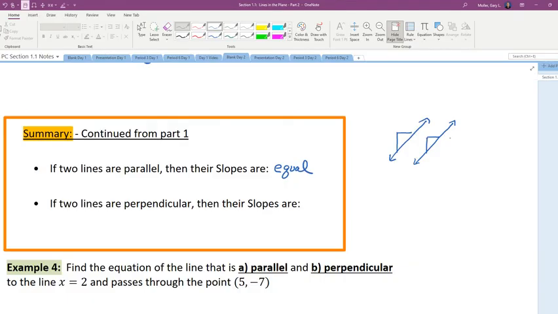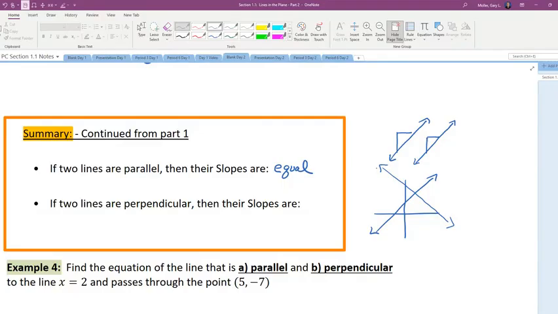If 2 lines are perpendicular, then their slopes are. Now, if we sketched one, so here's a line, that's a positive line. Anything perpendicular to it would have to be a negative line. And so I think it's safe to say that their slopes have to be opposites. But it's more than that. If you remember, they also have to be reciprocals of each other.